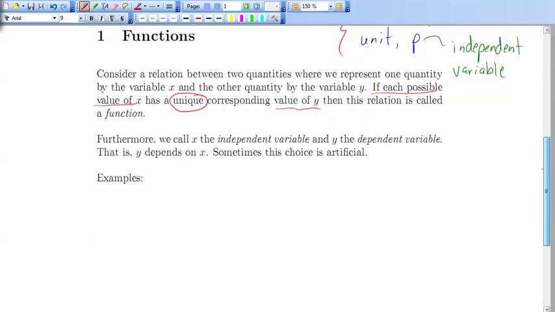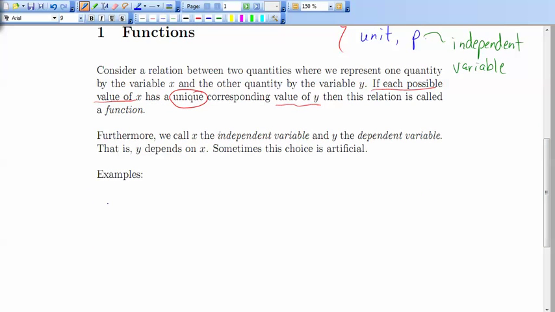So for instance, if we think of our particle in physics that's moving around, and we're studying its velocity and how it's related to the time elapsed that we've been observing it, let's set up some variables. So let's set up our independent variable first, time. So let t be the time elapsed in seconds.